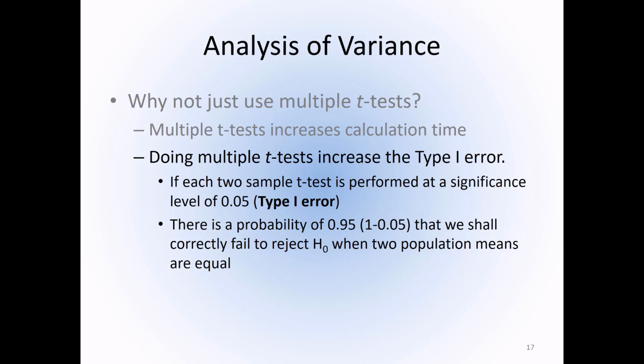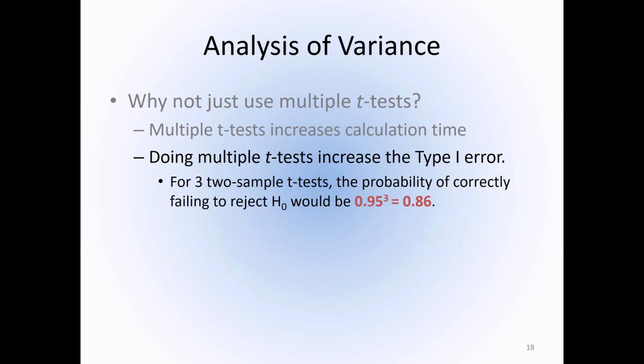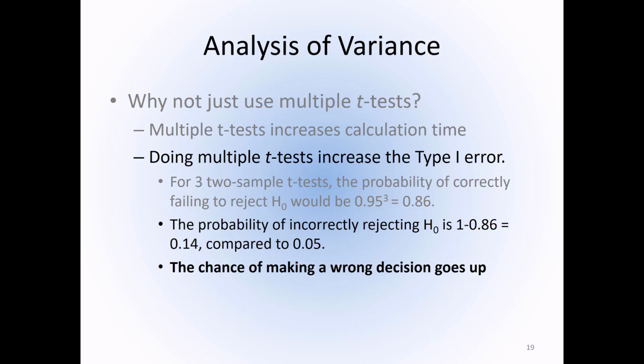But if we start doing multiple t-tests, let's say that we have three different t-tests that we're going to do, we start to decrease the likelihood that we're making the correct result, the correct inference. What we find is that the probability of incorrectly rejecting the null hypothesis is going to increase. The chance of making a wrong decision and making a type 1 error are going to increase the more t-tests that we do.